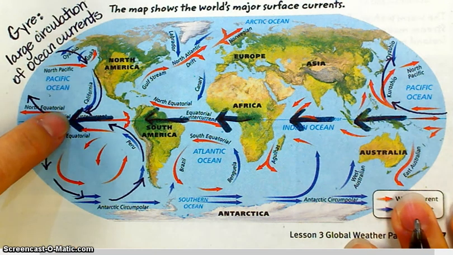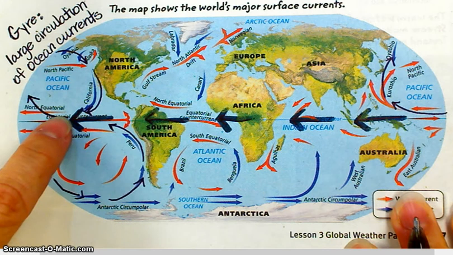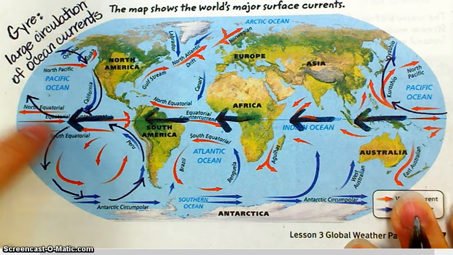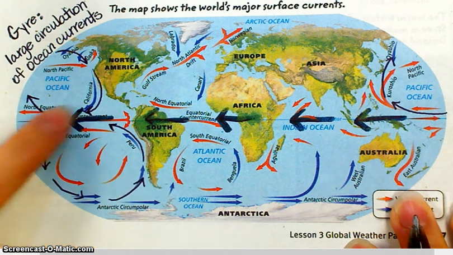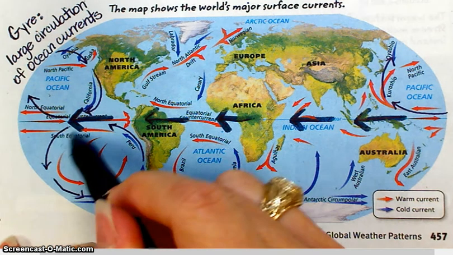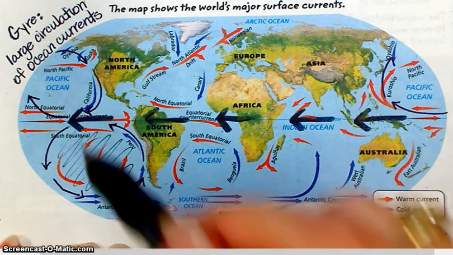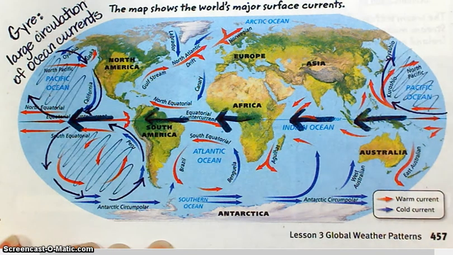Again, you start with these arrows and you just turn with them. Okay, so turning this way into the northern hemisphere, this is a clockwise turn, whereas going from the equator into the southern hemisphere and following those arrows, that's a counterclockwise turn. Okay, but this is a large ocean gyre. Remember, part of it's over here.